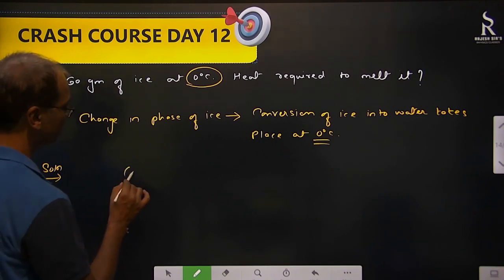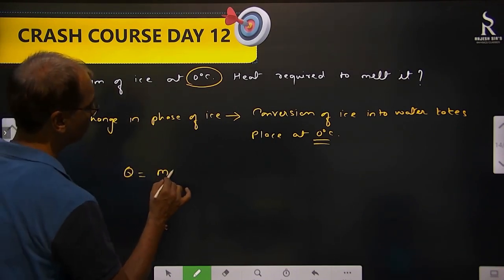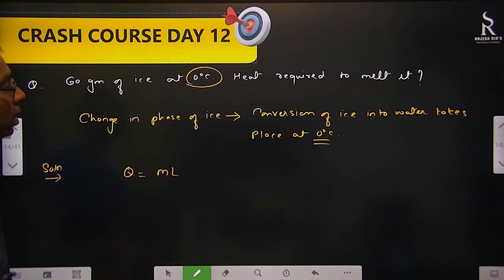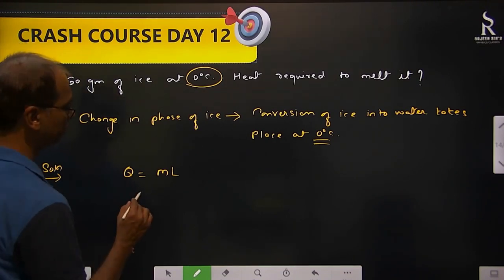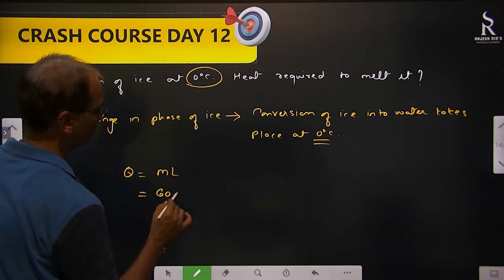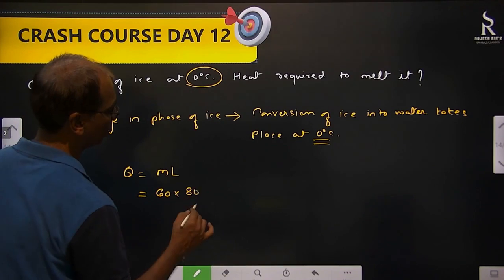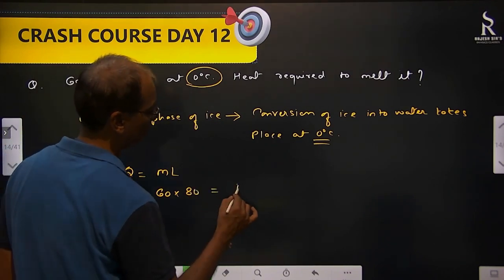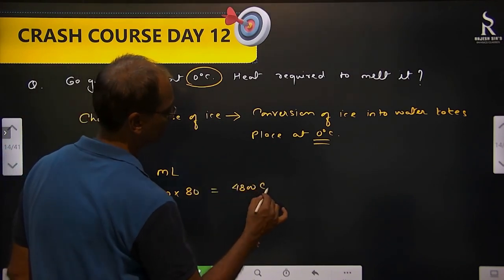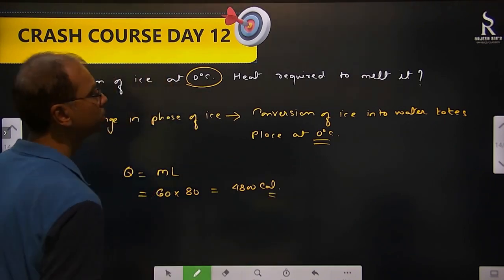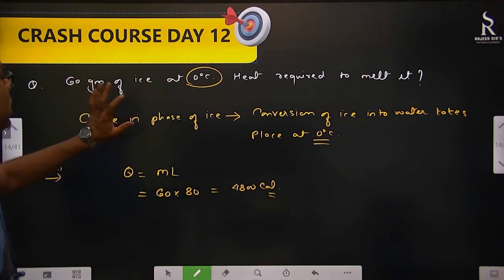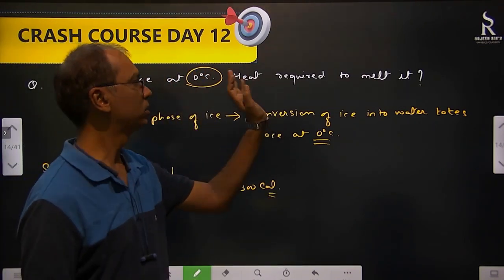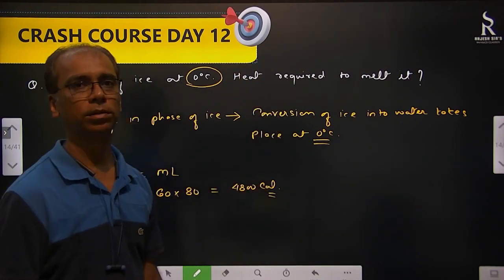So answer is just Q equal to mL, nothing else. What is M? 60 gram. What is L? 80 calorie per gram. Answer 4800 calories. That's all. 60 gram of ice at 0 degree centigrade converted into 60 gram of water at 0 degree centigrade.